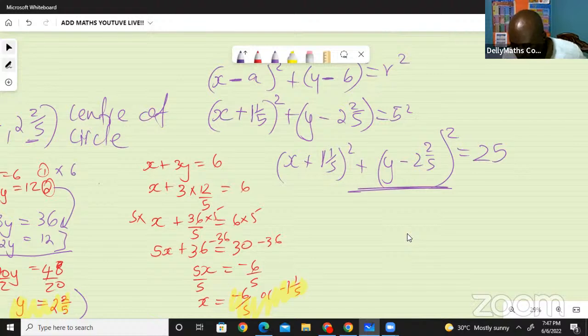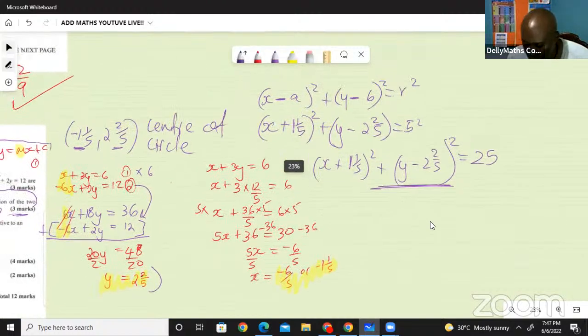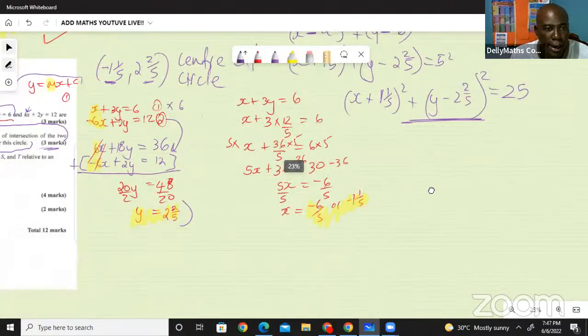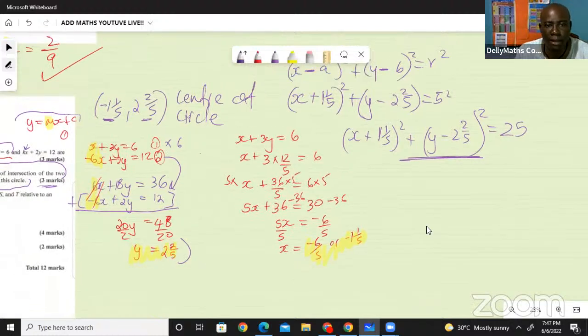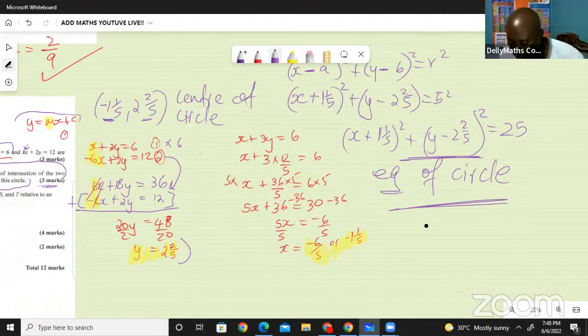Talk to me now. Are we good? I'm waiting on some response there. If anybody needs a re-explanation, definitely I'm going to do it. So we pull off the values, we got the values, and we write the equation of the circle here. That's the equation of the circle there, and I don't think any mistake is there. I think that is fine.